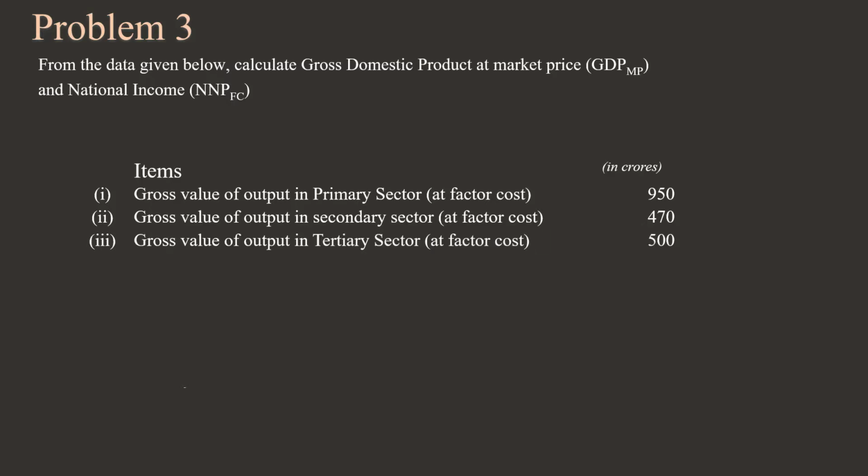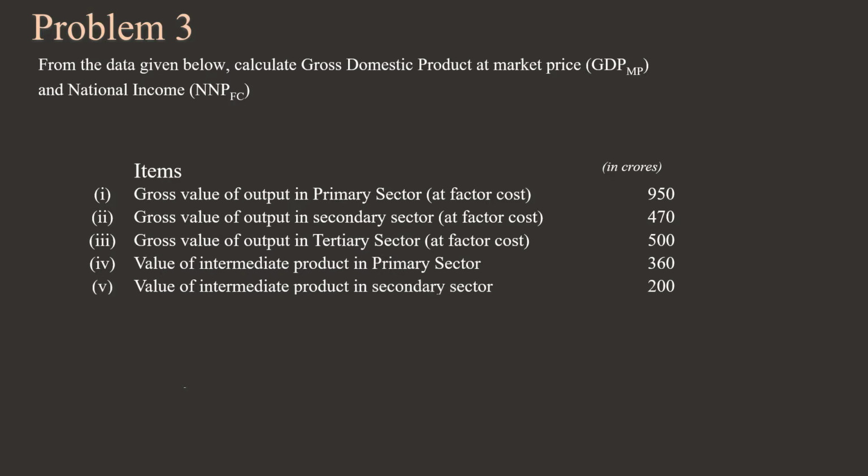Gross value of output in the tertiary sector at factor cost, 500 crores. Value of intermediate product in primary sector, 360 crores. Value of intermediate product in secondary sector, 200 crores. Value of intermediate product in tertiary sector, 175 crores.